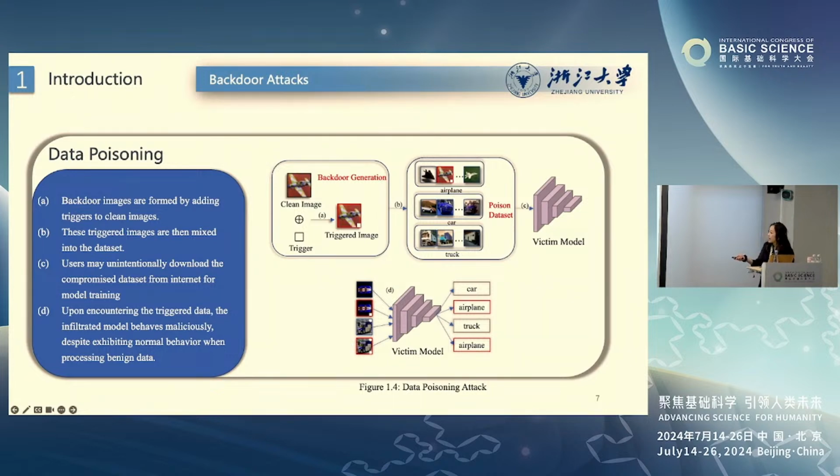Here is the benign data with the victim model car, and if we do this to the same way, if the image will be the trigger image, all the images with the triggers will be flagged.